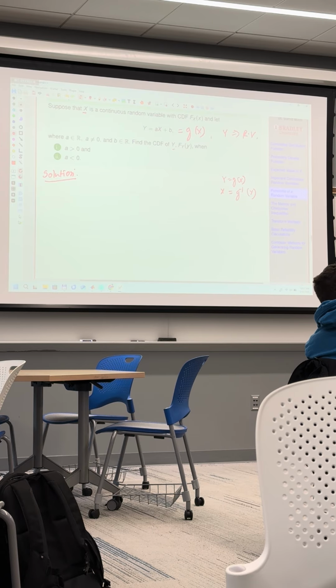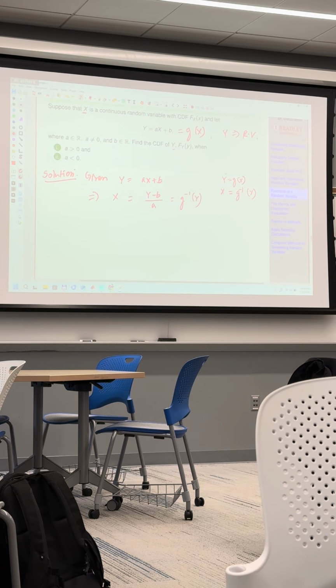You get x, this argument, equals g inverse of y. See how the interpretation is. Given y equals ax plus b, you just find x in terms of y. So x is going to be y minus b over a, and this is basically g inverse of y, a function of y.